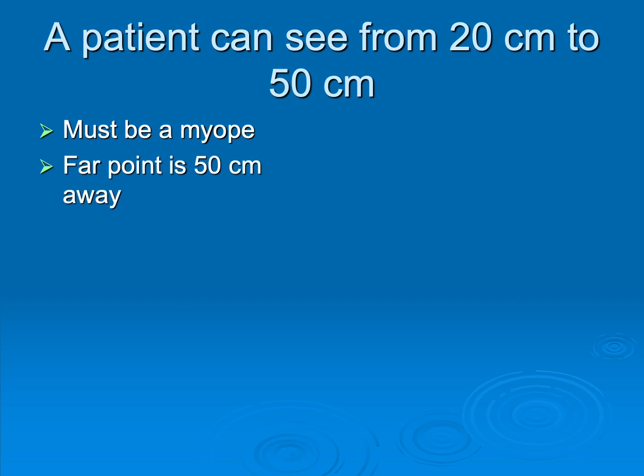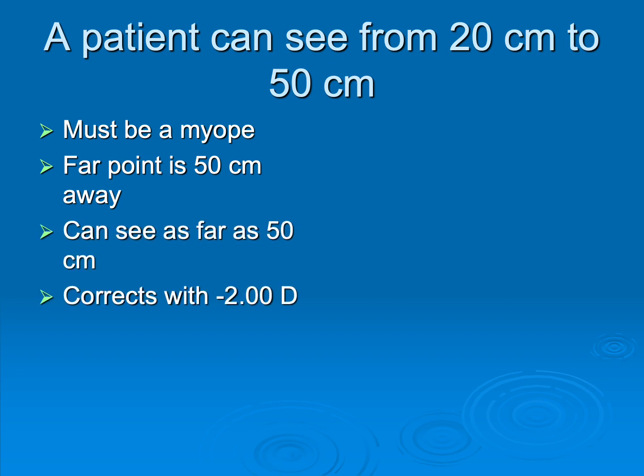And we know that the far point is 50 centimeters away, so what myope has a far point 50 centimeters away? What's 100 divided by 50? It's going to be 2. So if I'm a myope and I'm a -2 myope, I'm getting 2 diopters for free. I'm getting those genetically. So once I have that, it's time for step 3.